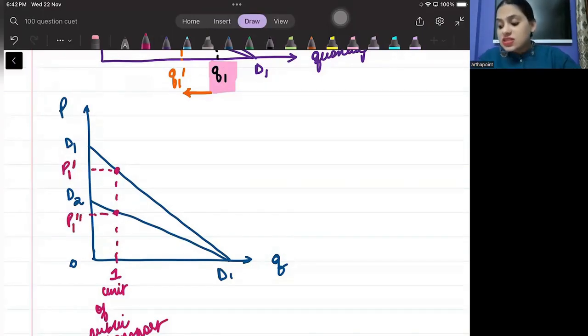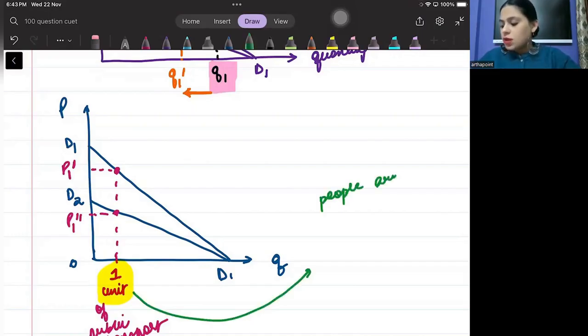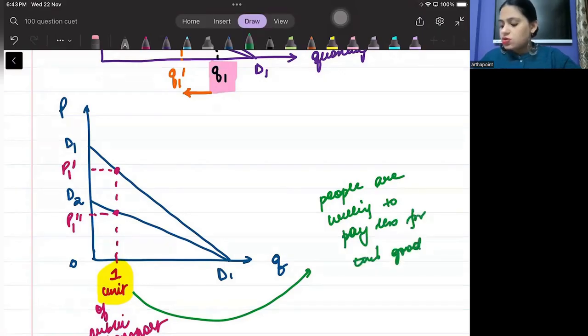So for the same quantity, their willingness to pay has fallen. They are willing to pay less for that good. This is the second interpretation, that people are willing to pay less for this good.